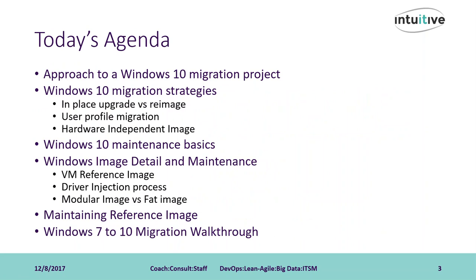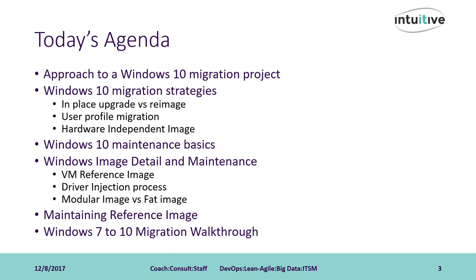So looking at today's agenda, we're going to start off with a migration approach when conducting a Windows 10 migration project. We'll then look at different Windows 10 migration strategies, so in-place upgrades versus re-imaging. We'll look at how to harvest user profiles when conducting a migration of machines and wanting to maintain all that user information and data off of those existing machines.